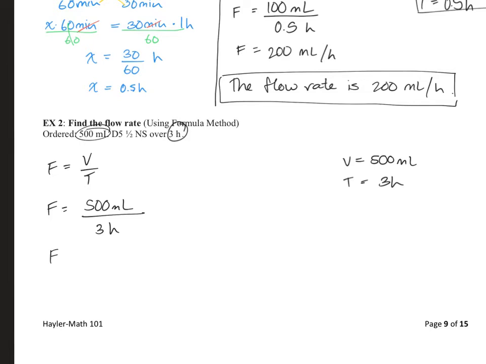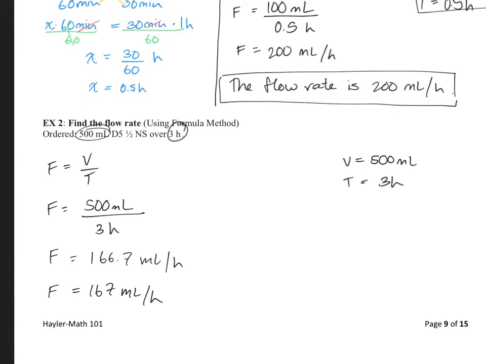And we get that F, the flow rate, plugging that into our calculator, is about 166.7 milliliters per hour. But once again, we want to round to the nearest whole number per the instructions. So that's going to be F equals 167 milliliters per hour. And let's see, does this make sense?